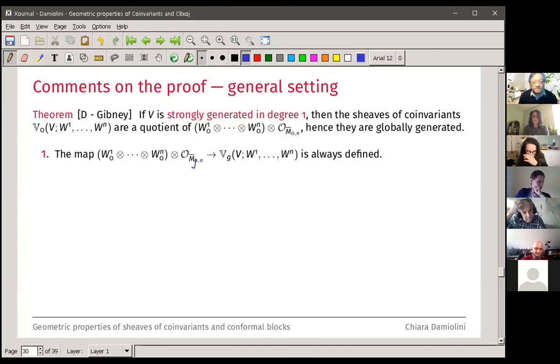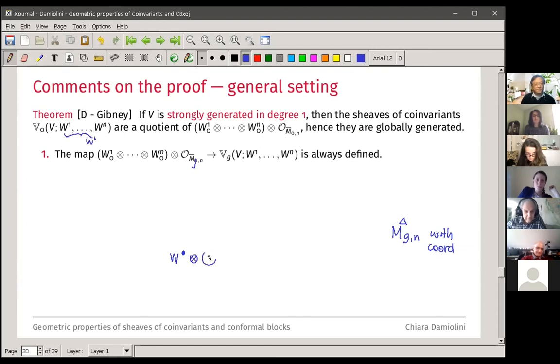And this is always defined because, if I think about what happens on M_{g,n} with coordinates, where I fix the coordinates, the way in which we defined this space was really a quotient. Now let me just write bullet instead of the product of the W's.